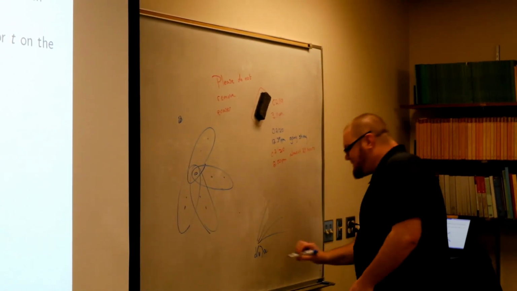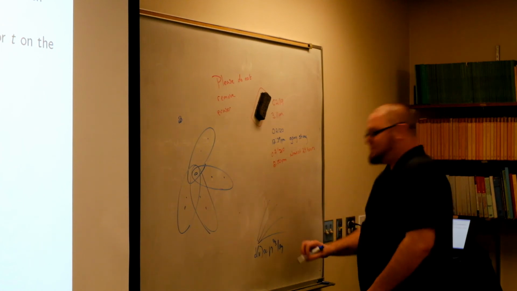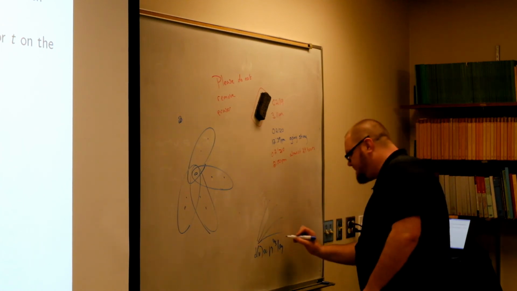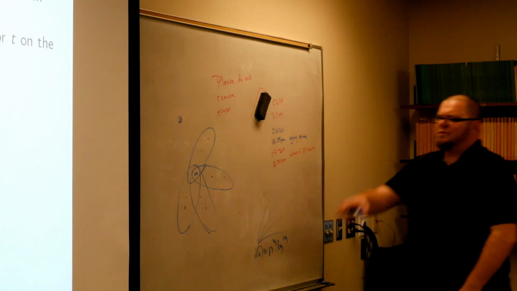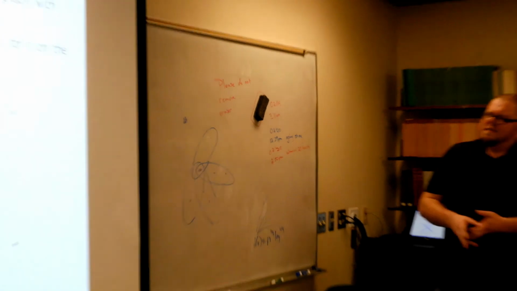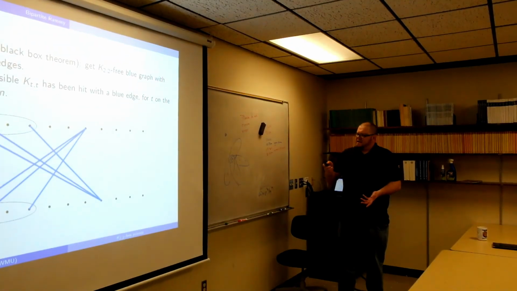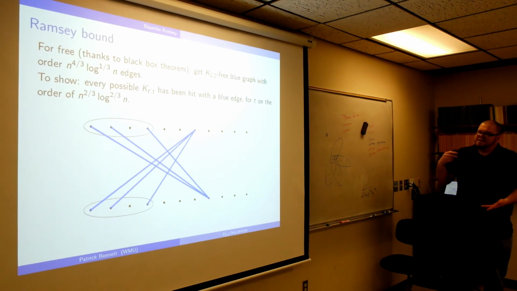Each vertex has degree about n^{1/3} log^{1/3}, which is actually much smaller than t is, right? So there are bad t, or t's for which we really have to worry.